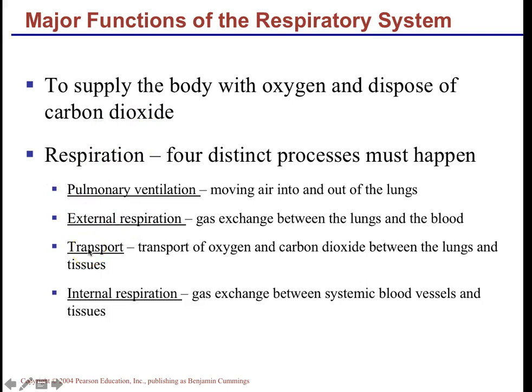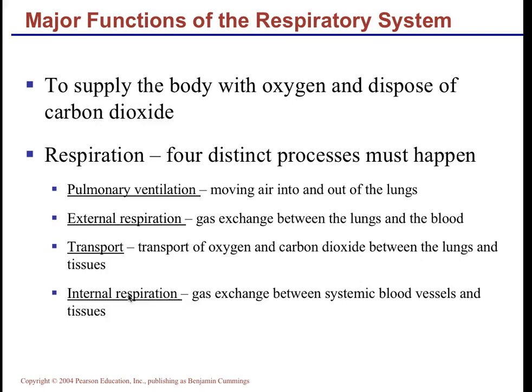Transport is the transport of the gases once you get them in the blood. And then internal respiration is an exchange inside the body where you have your systemic capillaries at the systemic cells, or the body cells, and you're going to have the arterial blood that's highly oxygenated.